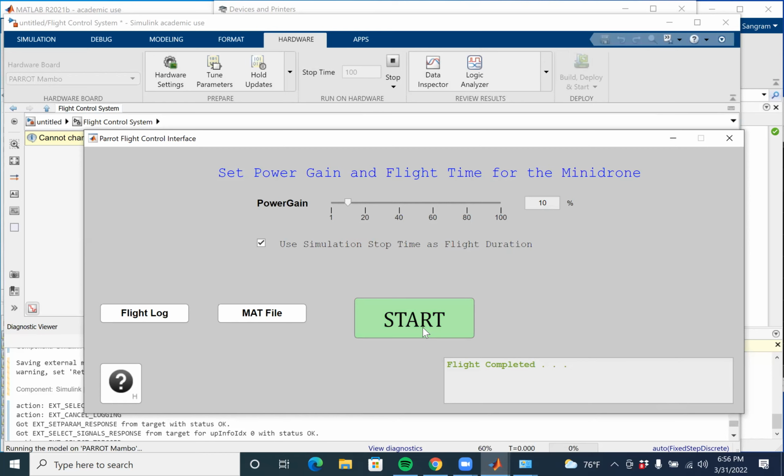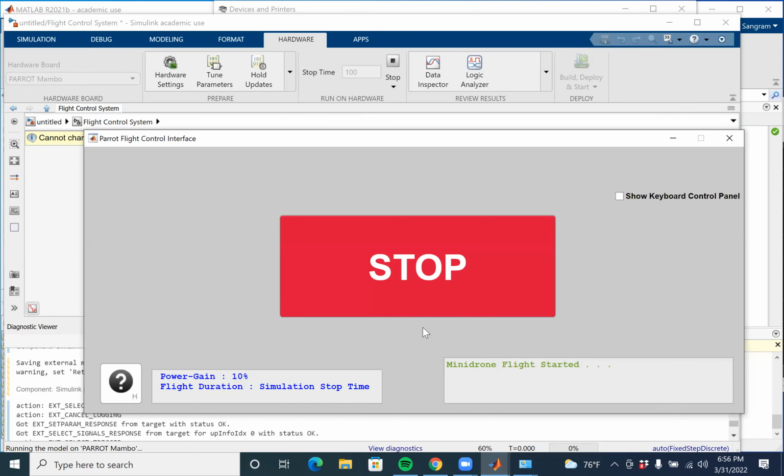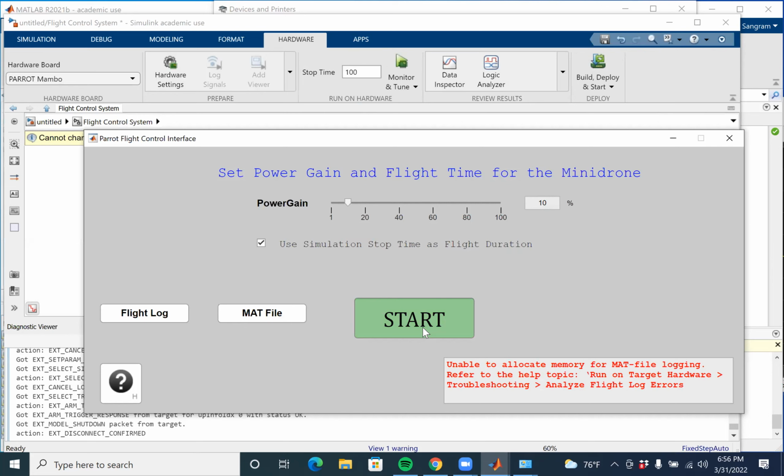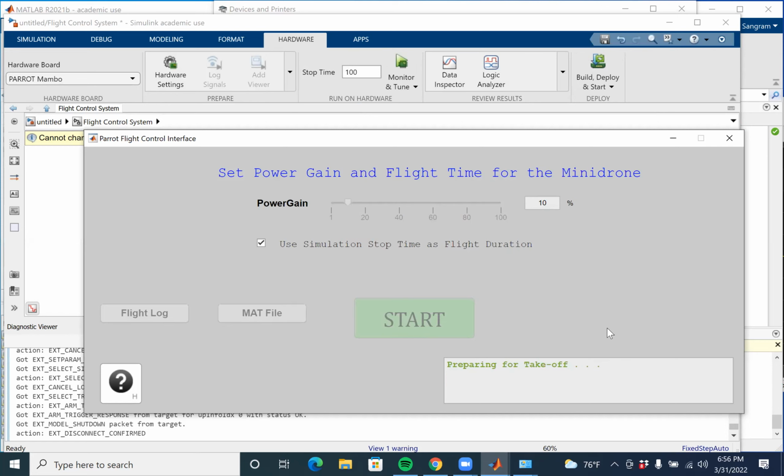So I'm going to start this again, and I want you to observe very carefully in what directions the motors are rotating. Yeah, I've made a mistake for logging. I'm going to start this again.